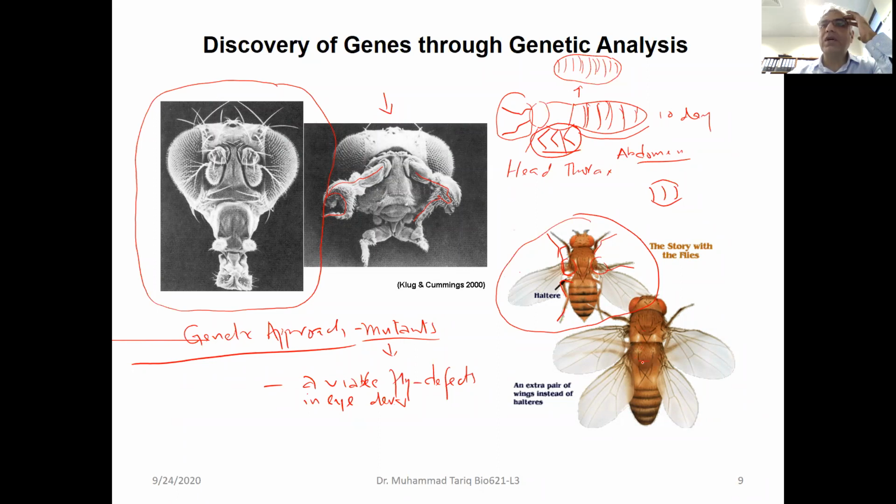This fly has 2 thorax, and classically we call this bithorax. Okay, mutant, bithorax phenotype. And there are 2 wings, 2 pairs of wings. These flies are unfit, they cannot survive long. It's very difficult to maintain them because they cannot fly, they cannot mate, they cannot feed properly.